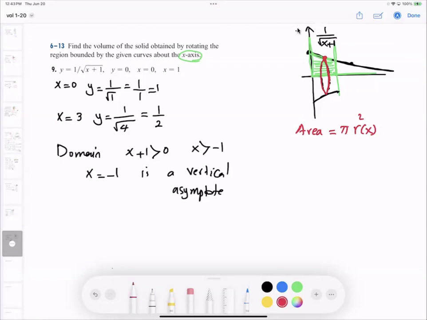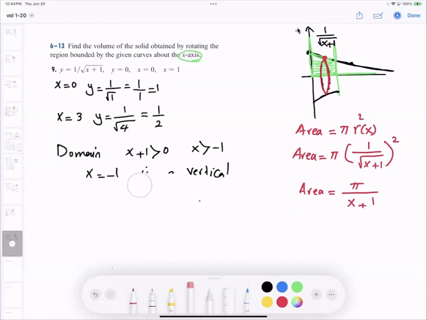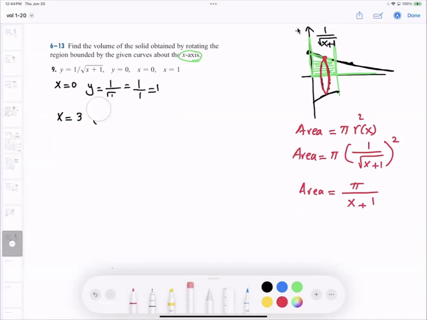So the area is equal to pi times 1 over the square root of x plus 1. Don't forget your exponent too. And the area is equal to pi divided by x plus 1. So far we found the area. Now we need to calculate the volume.